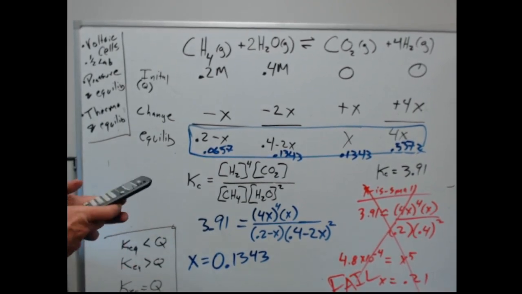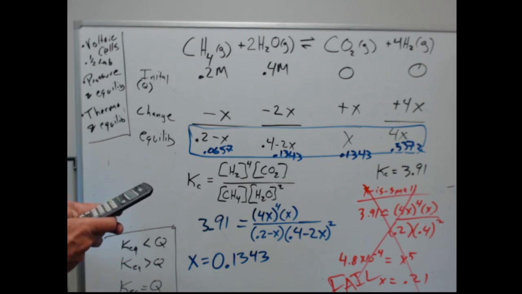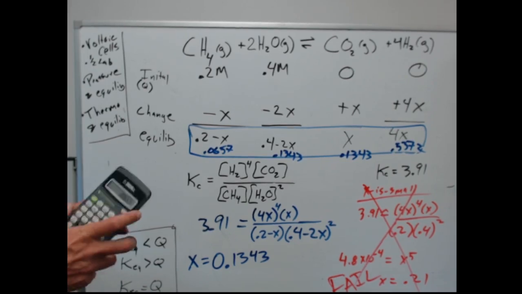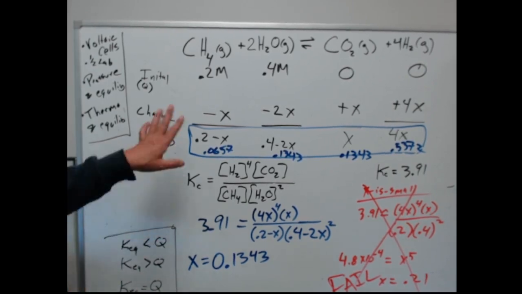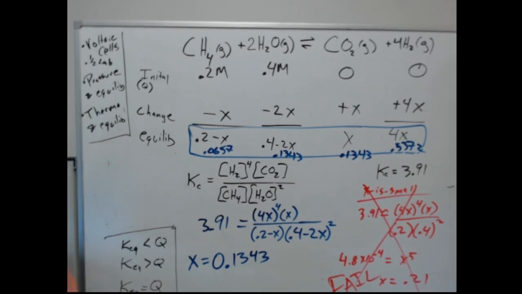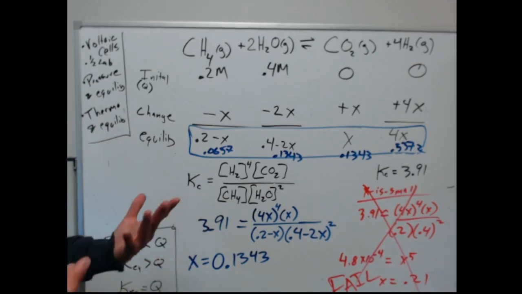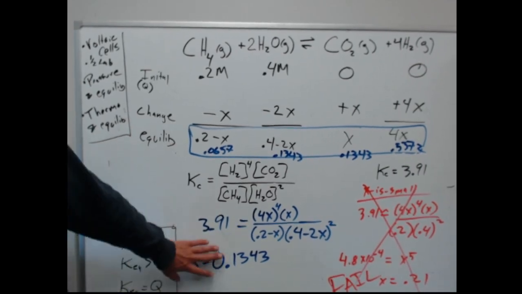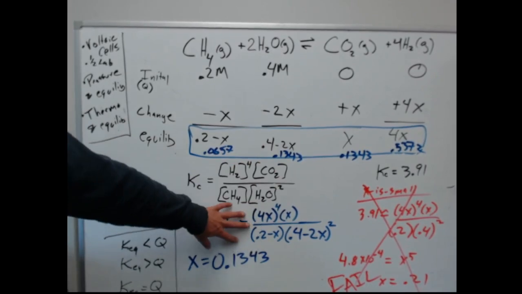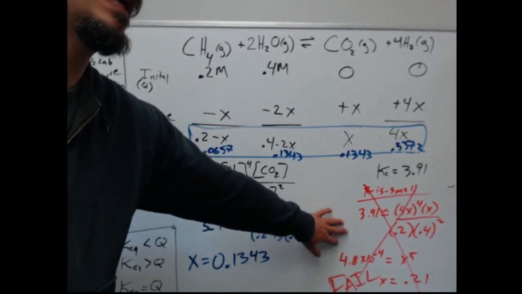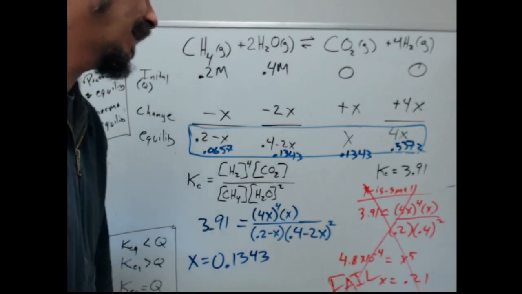I'm seeing a typo in my previous work. Okay. I see a typo on my lecture slide, so we've got a problem here. I'll have to fix it later. I wonder if I did some reverse solving and just did it incorrectly. In any case, that's how you'd go through an equilibrium problem, more or less. I would not give you something where you actually have to solve this fifth root. We'd always do it with the x is small approximation and then say whether that was valid or not.